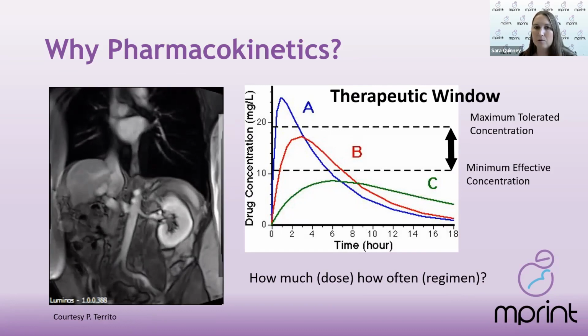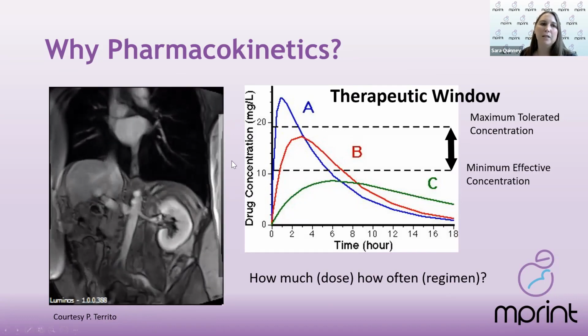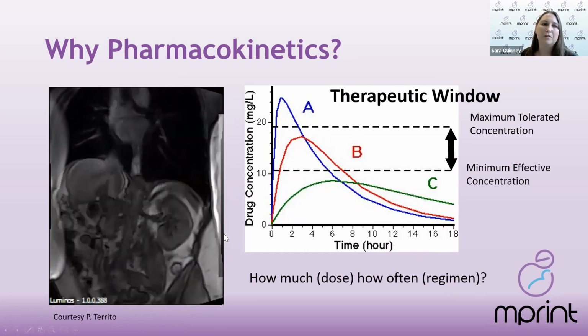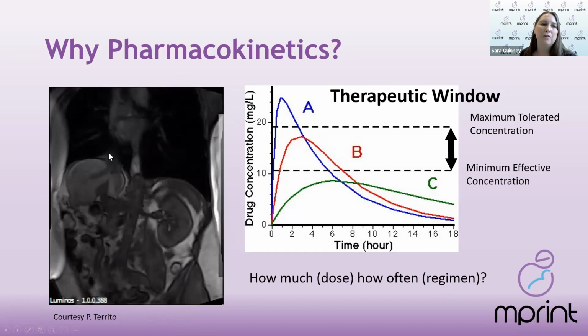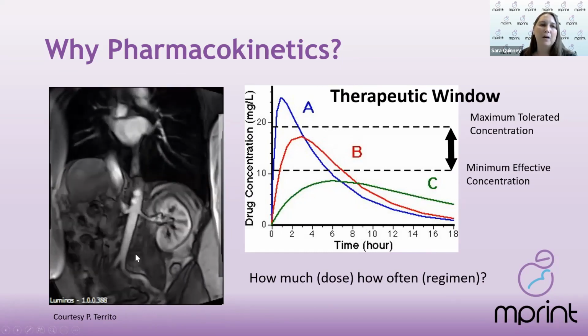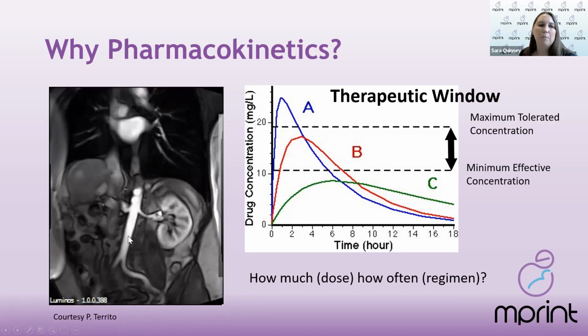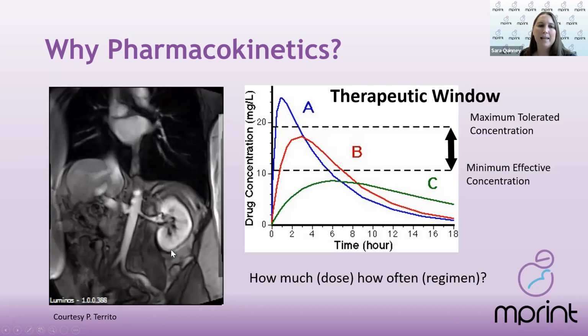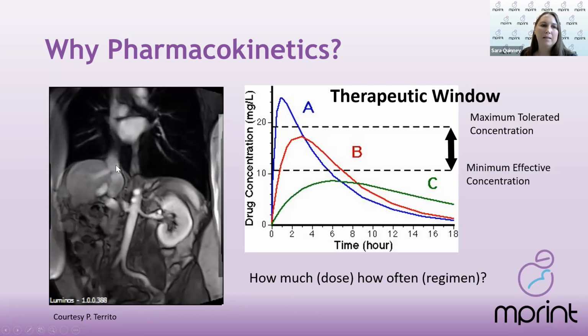We usually think about this quantification in the plasma, but it's also important to think about the movement into tissues, particularly target tissues. As you watch the video here, you can see the injection of drug into this mouse and how the drug moves, as highlighted in the brightness, into the kidney and the heart and the brain.